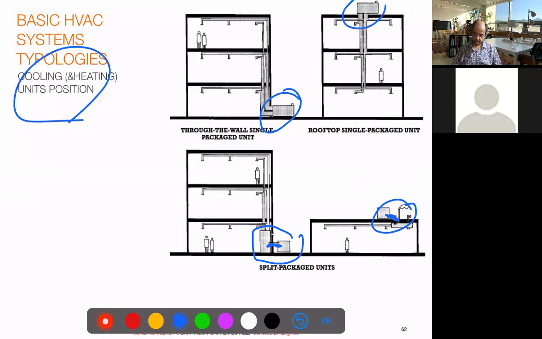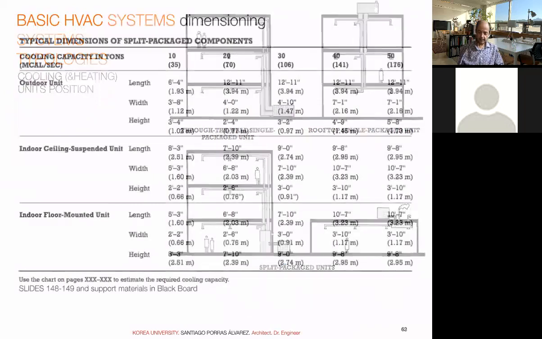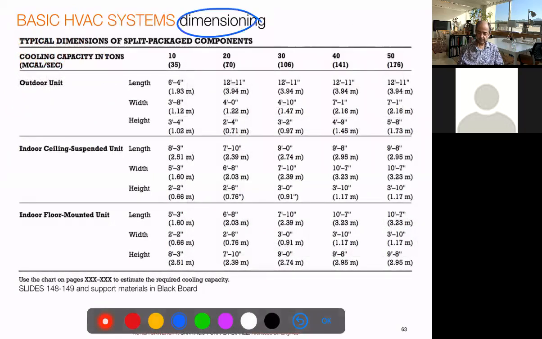Because there is also a distance limit. If you put them very far away, you spend more energy with the pumps and you have a lot of energy loss, which is not very efficient either. You have a basic dimensioning for the split packaged components.